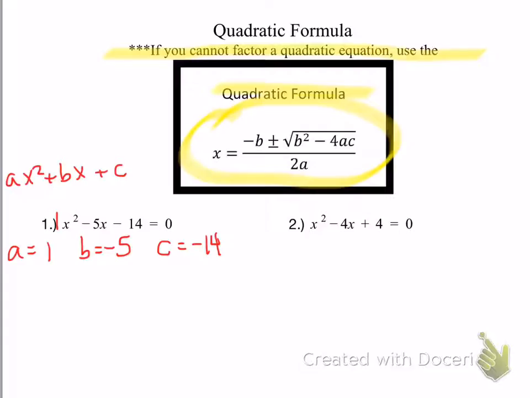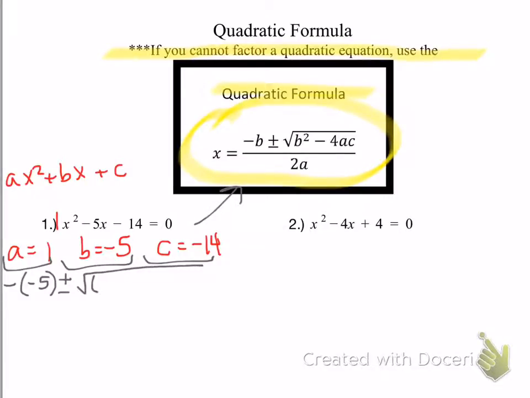So I'm going to use each of these numbers to find what my roots are and what my zeros are, just plugging them in. The first one, I've got -b. My b is already negative, so it's going to end up changing to a positive. Then I have my plus or minus, then my radical.